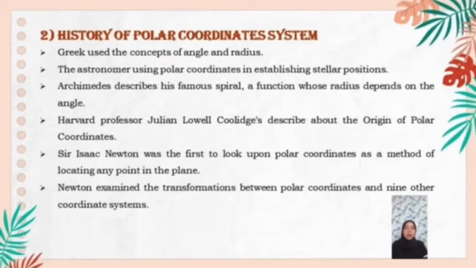In 1733 years ago, Sir Isaac Newton was the first to look upon polar coordinates as a method of locating any point in the plane. Newton examined the transformation between polar coordinates and the other coordinate systems.